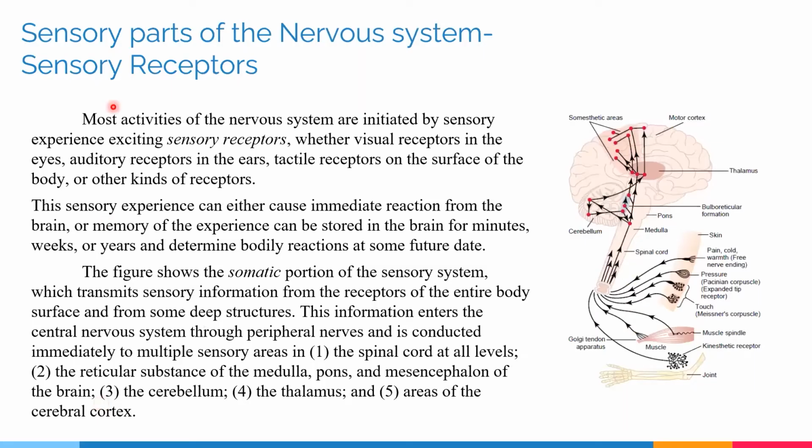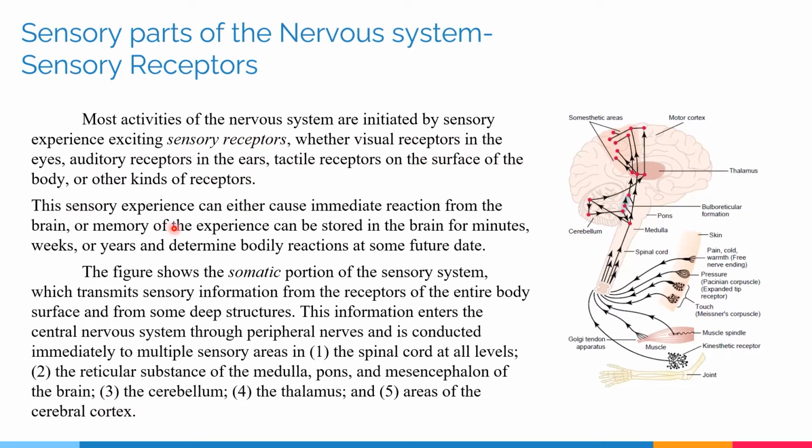Next, we look into the sensory parts of the nervous system, which are the sensory receptors. Most activities of the nervous system are initiated by sensory experience exciting sensory receptors, whether visual receptors in the eyes, auditory receptors in the ears, tactile receptors on the surface of the body, or other kinds of receptors.